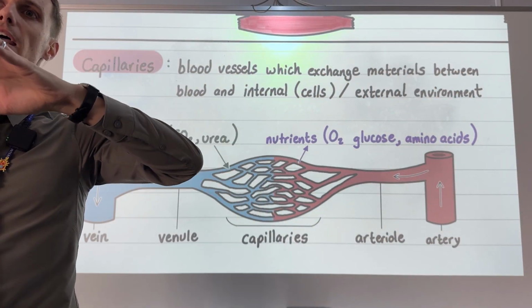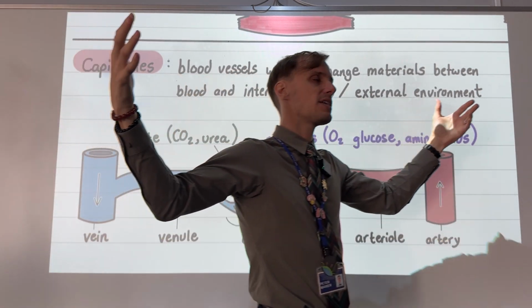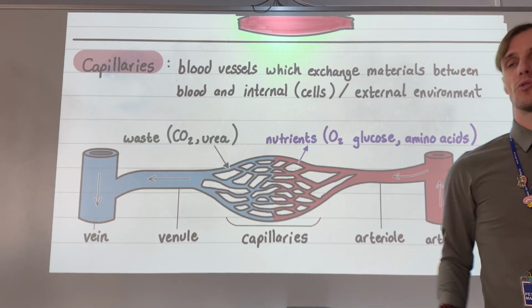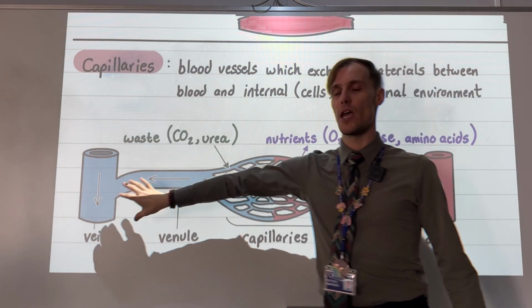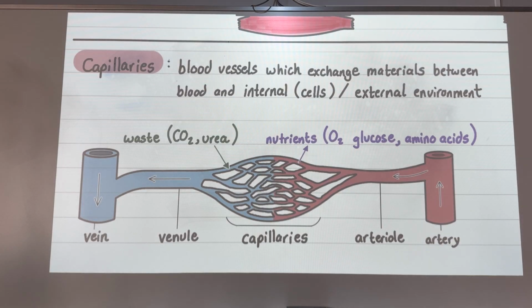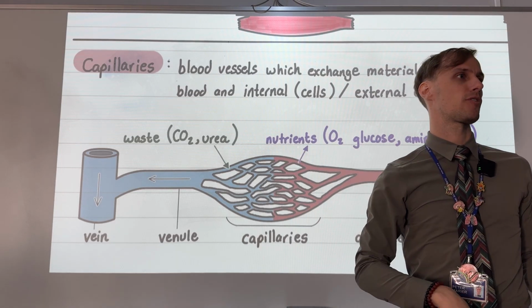So let's look at a layout of a very big city. Where traffic is going to be the highest and the fastest is on highways. These would be like your arteries and your veins. If I want to go from a highway to my driveway, I can't go directly to my front door.